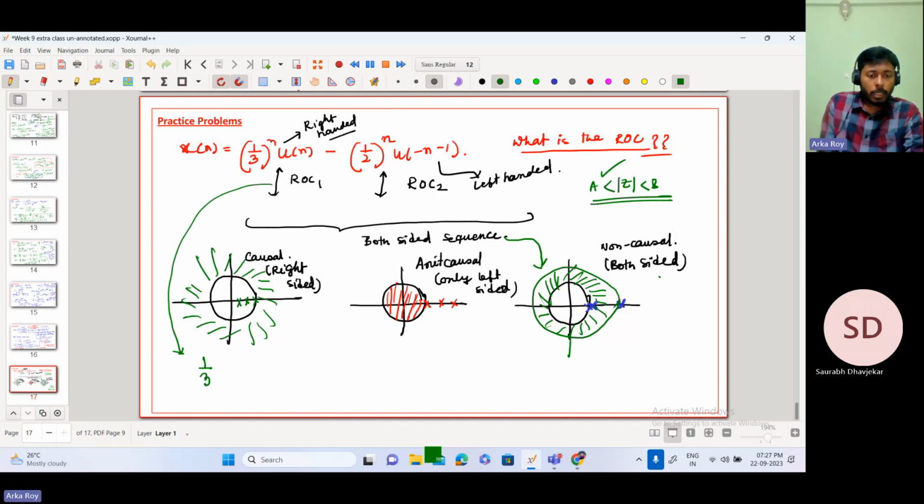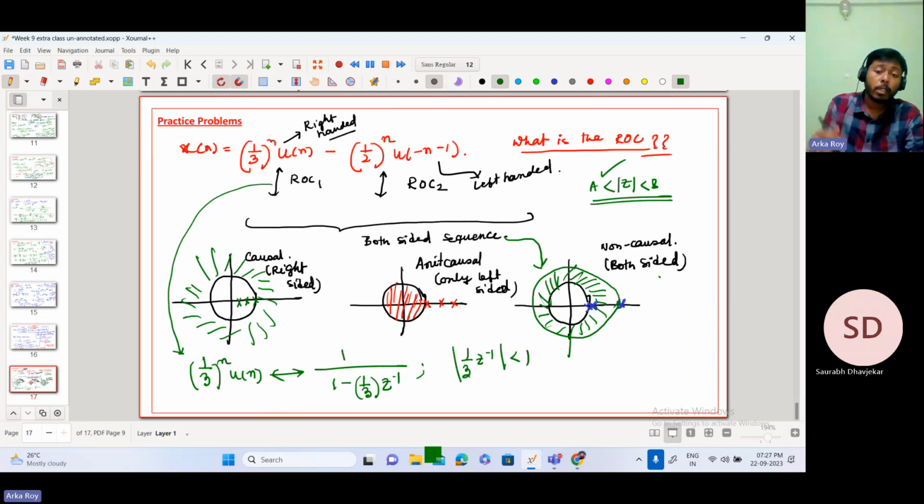So (1/3)^n, and this is basically u[n]. This has the corresponding z transform as 1 over (1 - (1/3) z^-1), and |(1/3) z^-1| should be less than 1 to follow the property of the z transform itself.